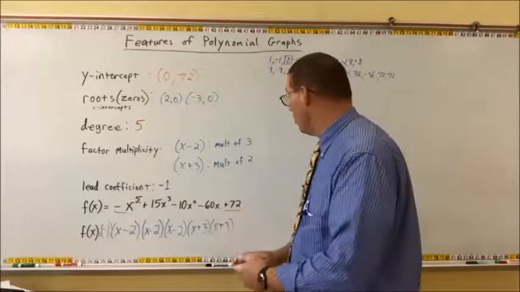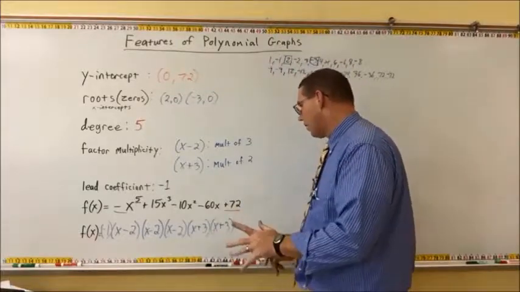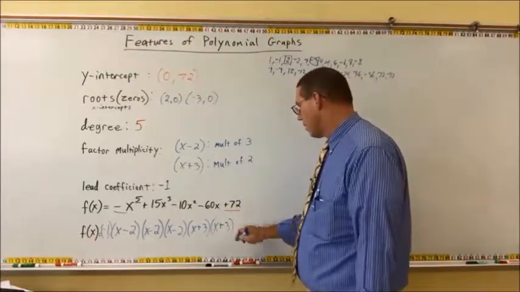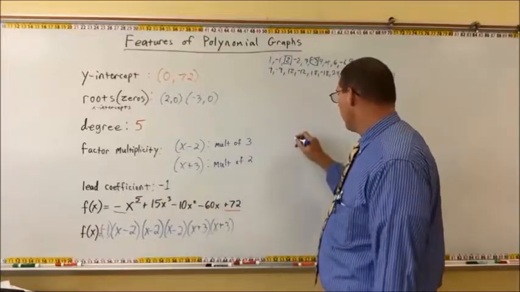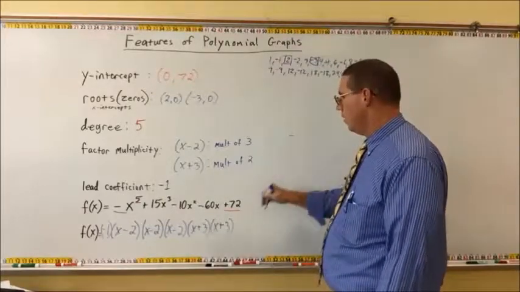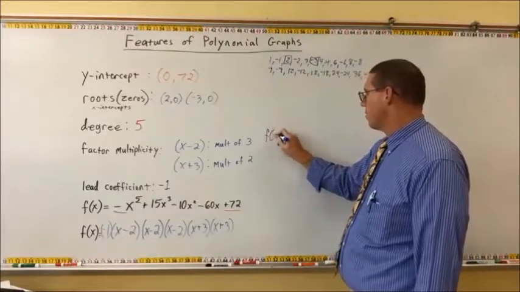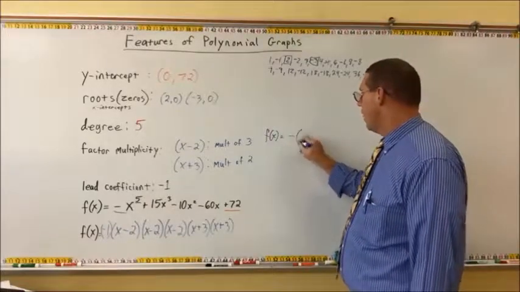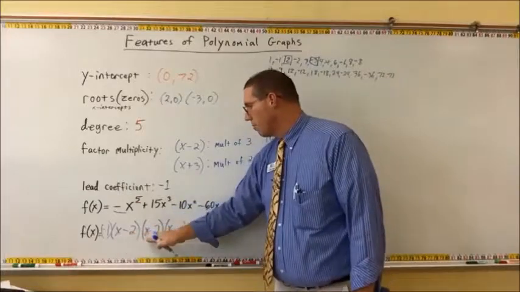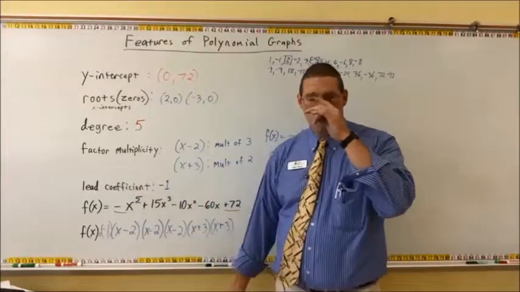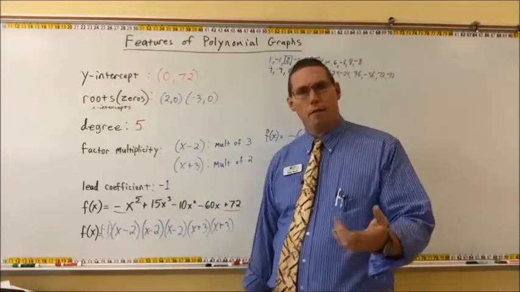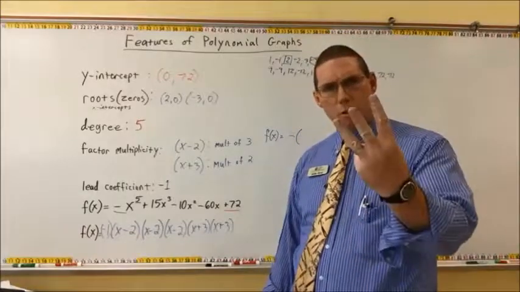And I want to show you how we can actually rewrite this. Instead of writing it like this, what we can write is negative. The negative 1 just means that the whole thing is going to be negative. So f of x is negative. And instead of writing x minus 2 times x minus 2 times x minus 2, what do we do when we multiply something by itself 3 times?